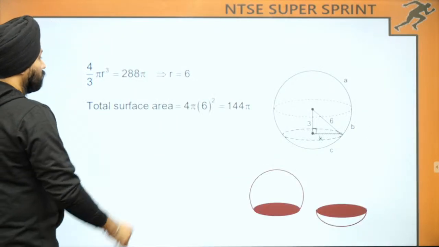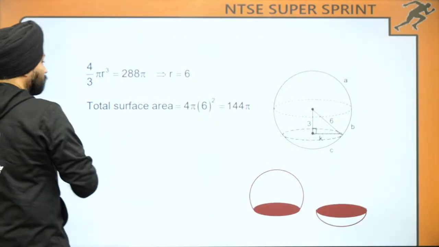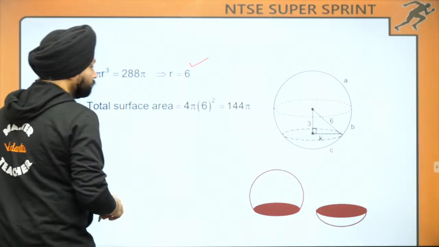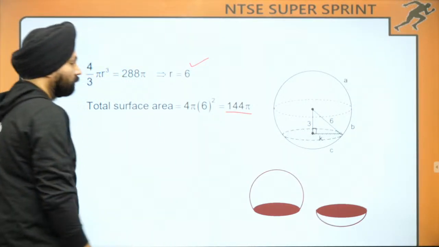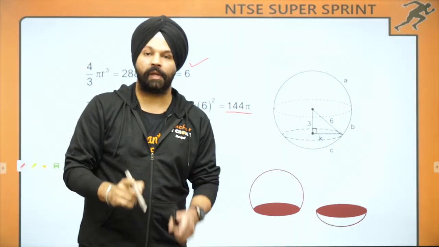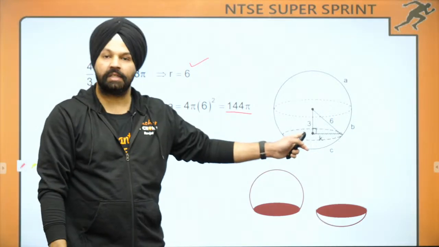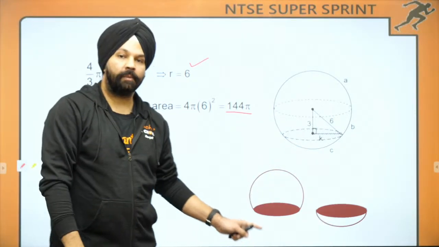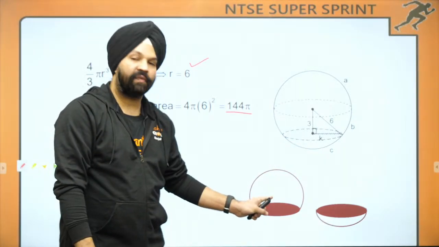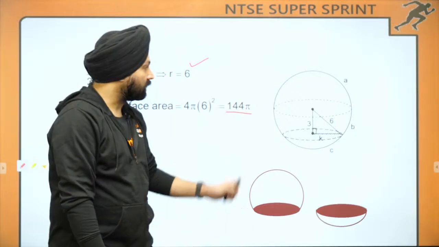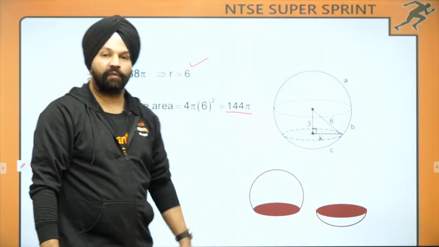Yes. First step is to calculate radius, then the total surface area. Now please pay attention. Just for explaining you properly, I have divided this given sphere into two parts. We have been told to calculate the total surface area of this part, right? Total surface area of the sphere is 144 pi.